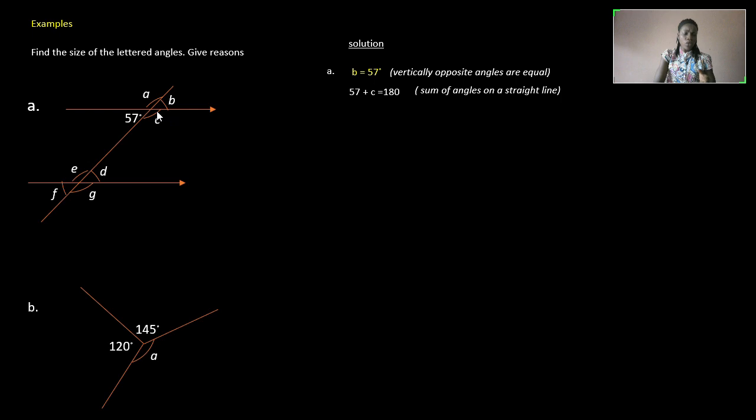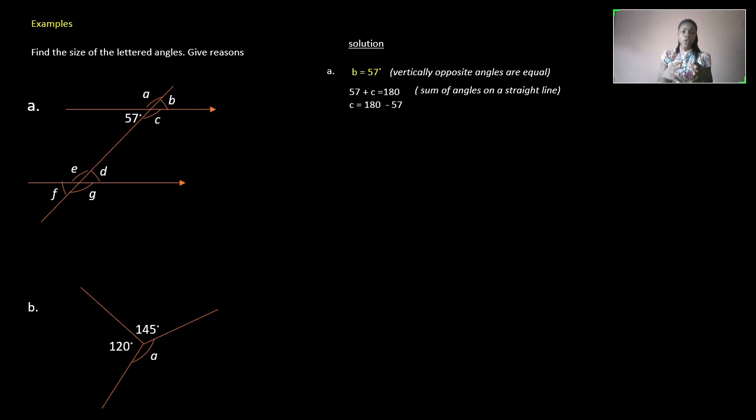Reason, sum of angles on a straight line is equal to 180. So equating them, we are going to have 57 plus C equals 180. So we're going to have C equals 180 minus 57. Here we collected like terms.